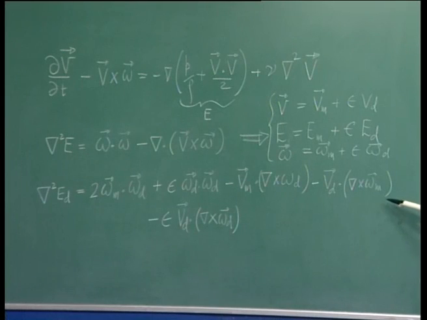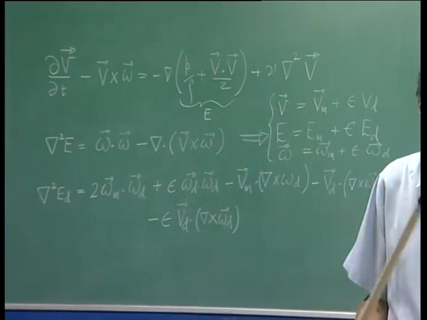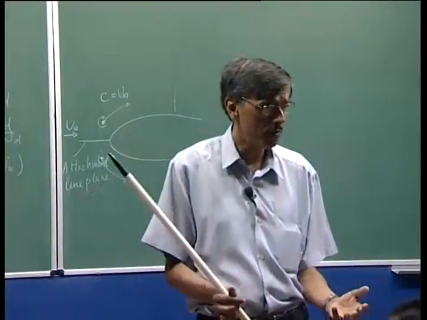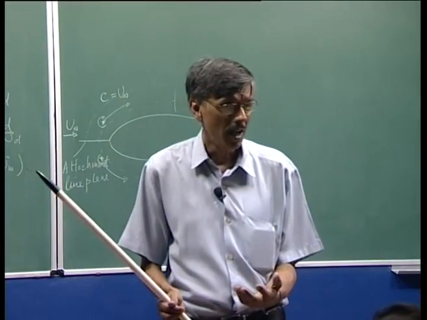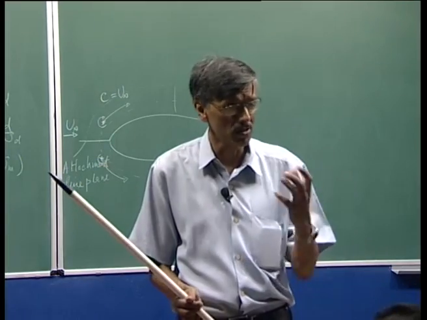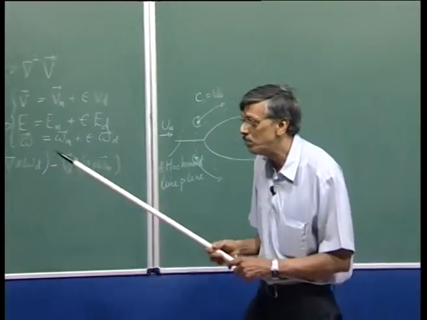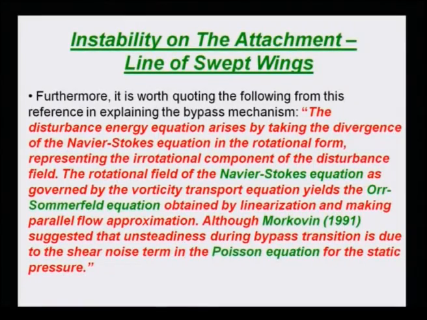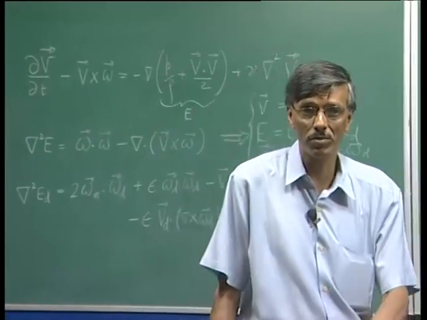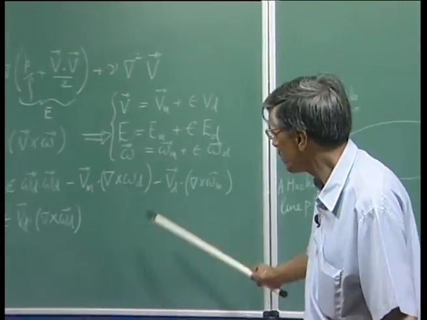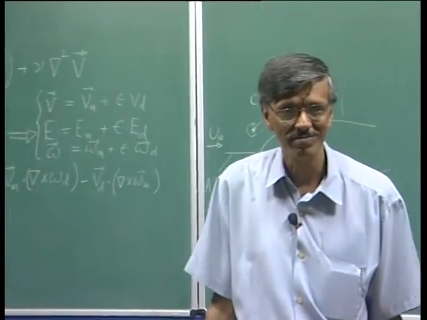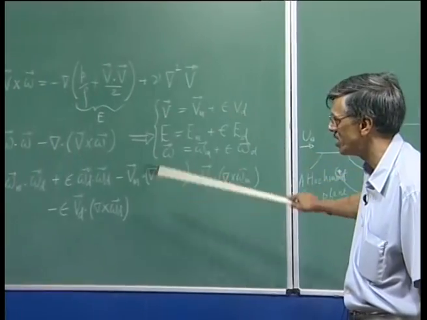This has everything in it, right? This is starting off from the full Navier-Stokes equation. So if I talk about the velocity field there, like any vector, we should be able to show it as a composite of rotational plus irrotational part. And the vorticity transport equation is obtained by taking the curl of this Navier-Stokes equation. So the way you can see it, the progenitor of the Orr-Sommerfeld equation is the rotational part of the Navier-Stokes equation, whereas this equation has both, because this comes directly from the Navier-Stokes equation.